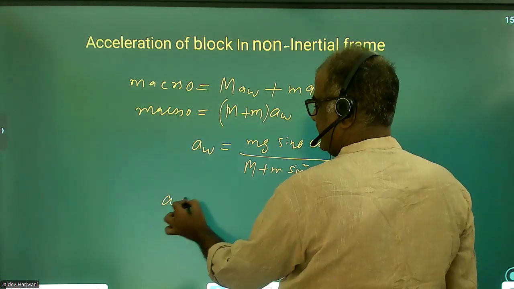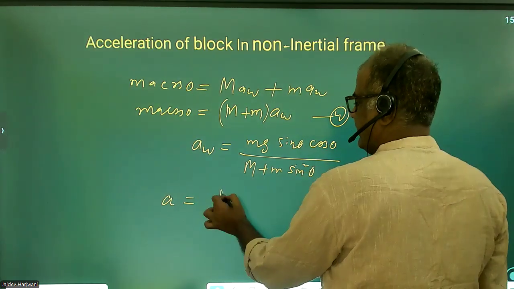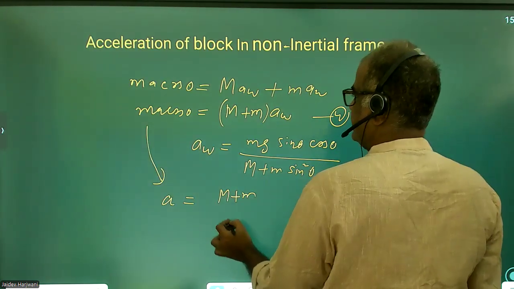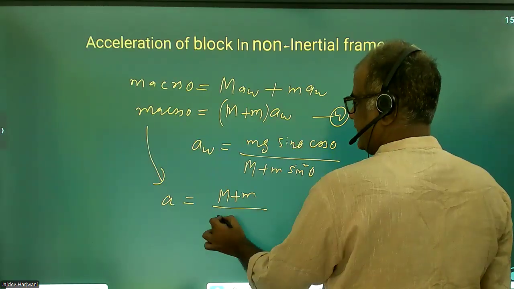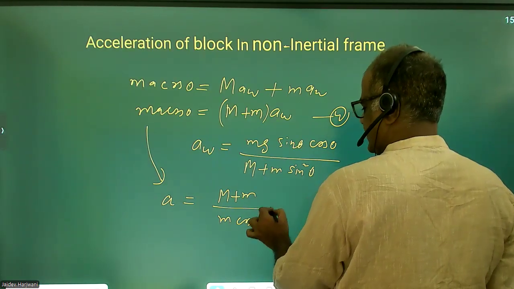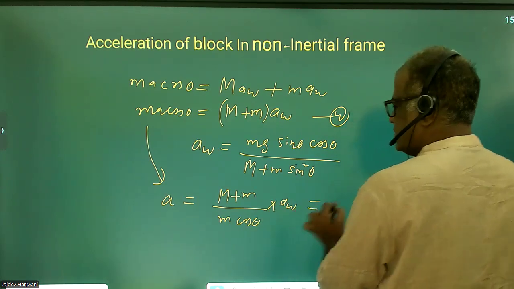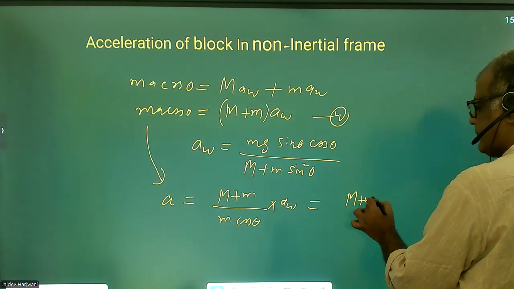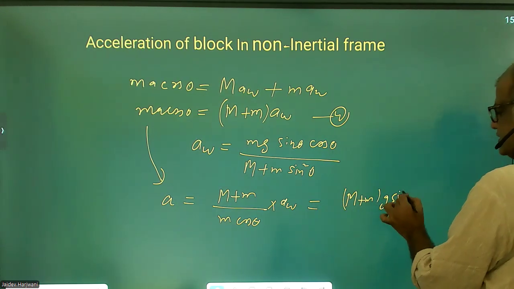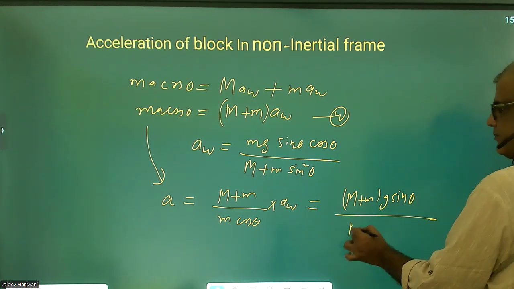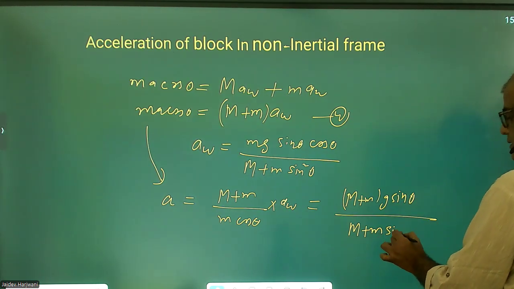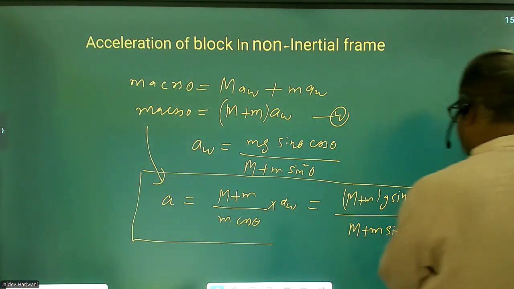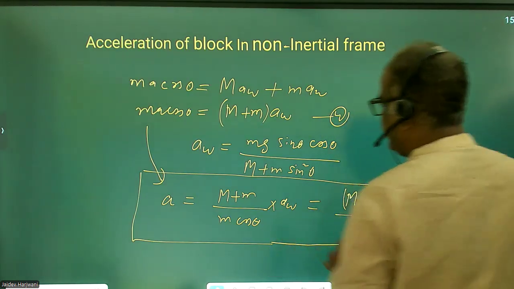The acceleration of the block will be (M plus m) from this equation, upon m cos theta, times the acceleration of the wedge. If I solve this one, this gives me (M plus m) g sine theta upon M plus m sine square theta. So this is the acceleration of the block with respect to the wedge.